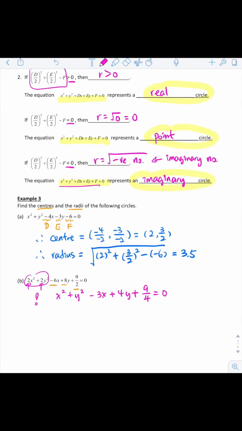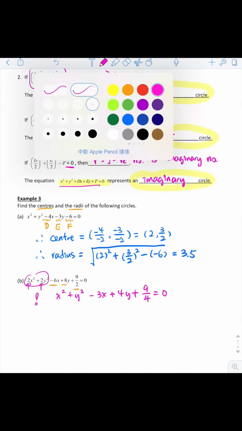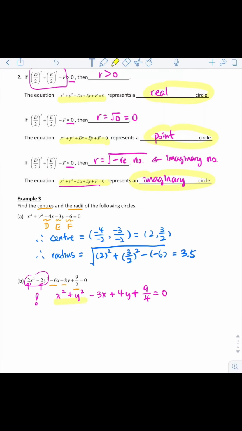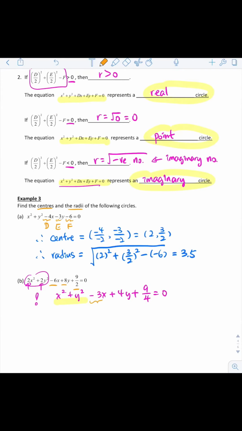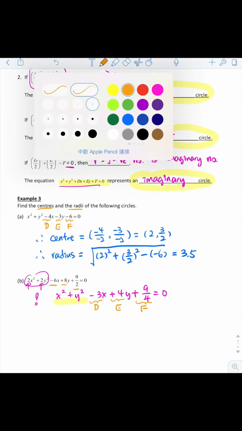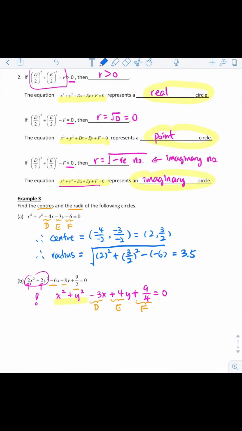We divide both sides of the equations by 2. And then we get both the coefficients of x squared and y squared equal to 1. And for this case, we can find D, E, and F correctly.